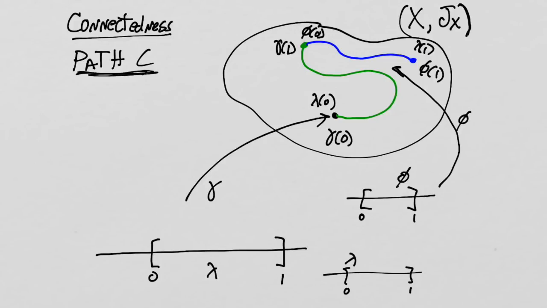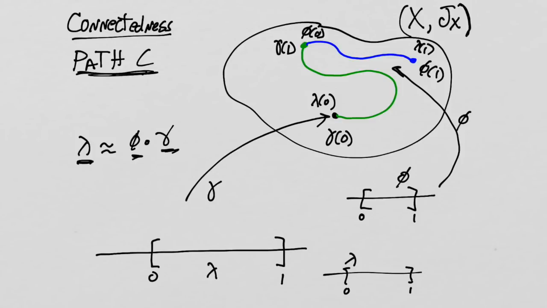So in this way, you can combine paths. You would say that lambda more or less equals phi after gamma, where this is the traversing of gamma and then the traversing of phi, and then you end up creating a path lambda. Now notice you can't take any two paths between any two points and do this operation.